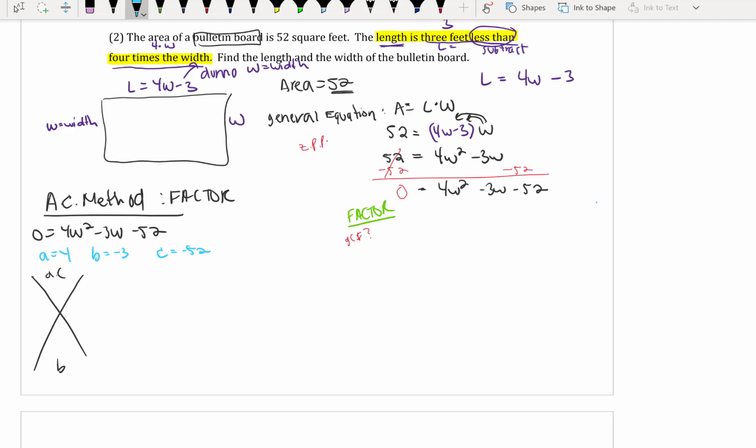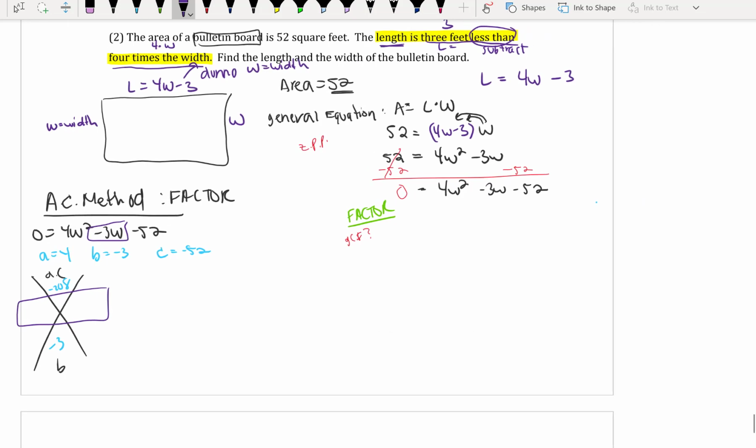So my A times my C, 4 times negative 52, is negative 208. My B value is negative 3. So I want two numbers that multiply to negative 208 and add up to negative 3. And that's how I'm going to rewrite that middle term.